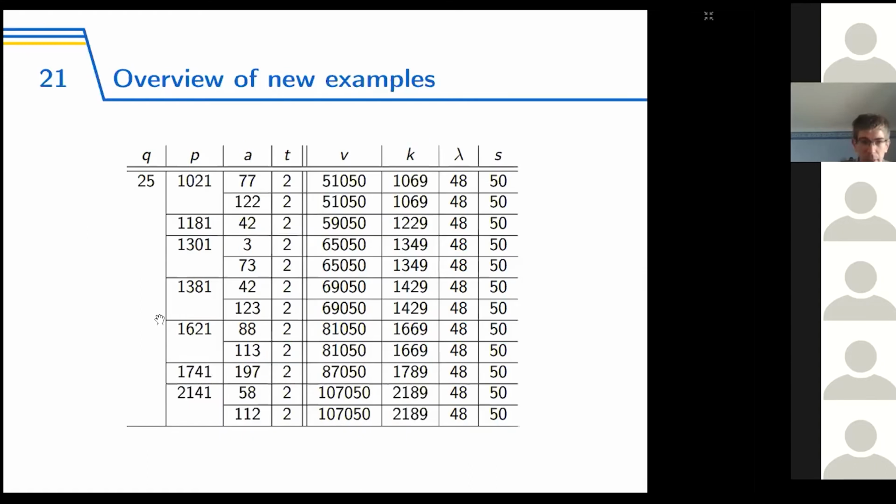That's true. Luckily, also for q=25, which is clearly not a prime, we have some examples. p must be rather big, but that's because q is already a bit larger. But you can see that for q=25, we can also find a bunch of examples of strictly Neumaier graphs.